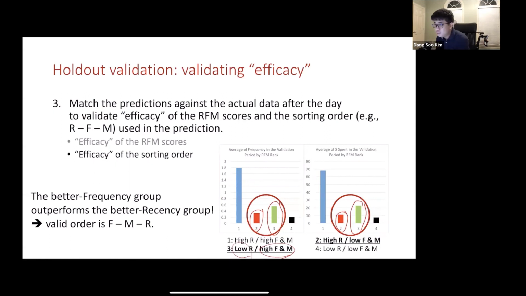And rank 2 indicates low frequency and low monetary value scores, but high recency score. This implies frequency and monetary value are more critical than recency to predict customers' future purchase frequency and the net spending. Thus, the valid order is FMR instead of RFM for this data set.